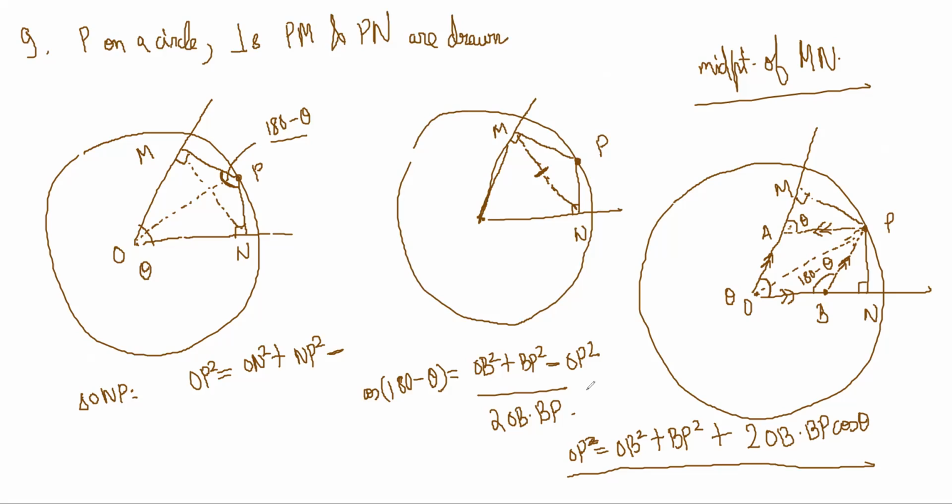Now, OP square is equal to A square. And if you draw a parallelogram like this, then this point P, suppose H comma K. I think you have to use some angular axis stuff here.